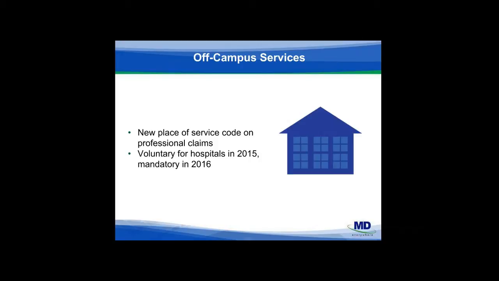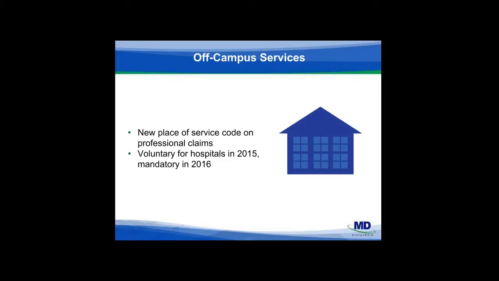Now, for those practices legislated as a provider-based practice, CMS is going to begin collecting data on services furnished in off-campus provider-based departments by requiring hospitals to report a modifier for those services furnished in an off-campus provider-based department of the hospital, and will begin requiring physicians and other billing practitioners to report these services using a new place of service code on professional claims.